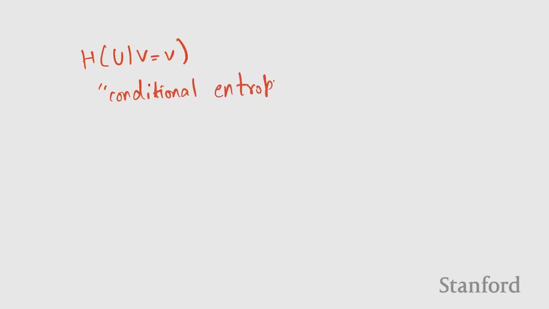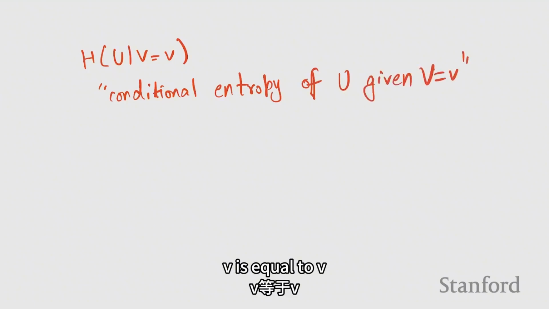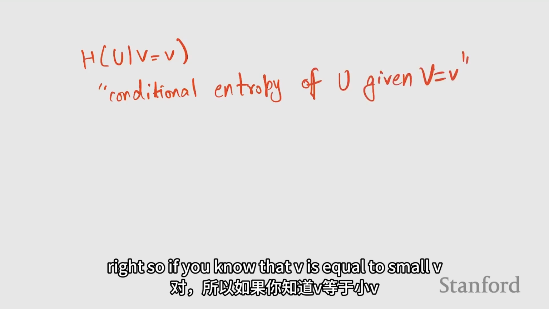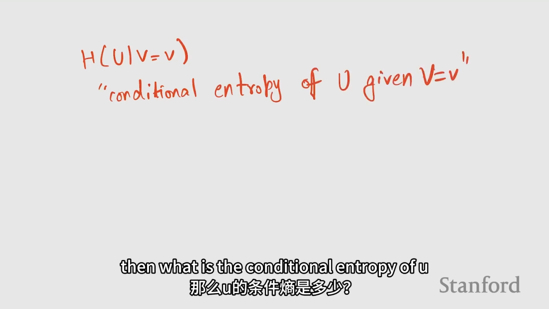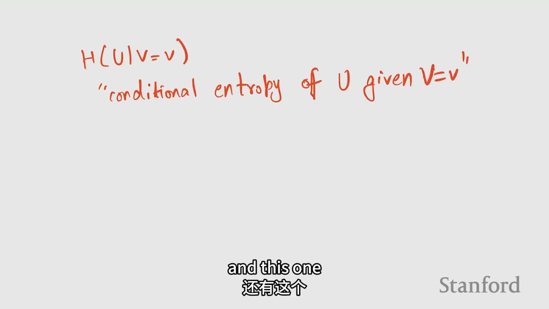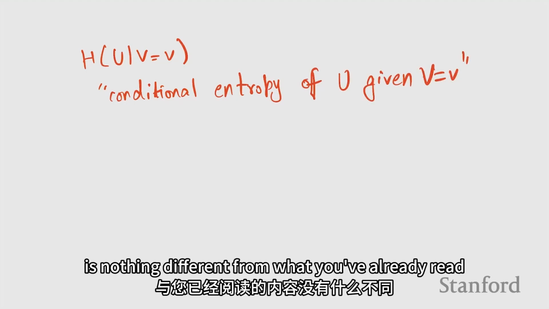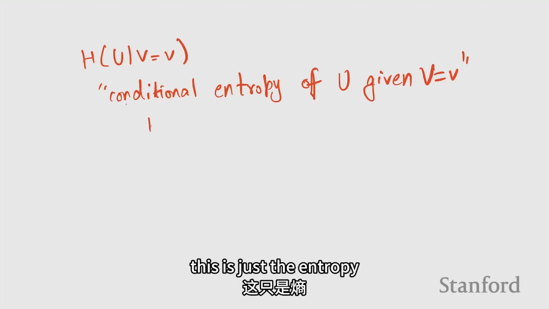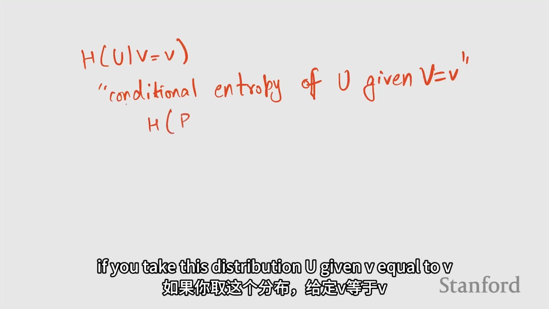One is this thing, which you can read as the conditional entropy of U given V equal to v. So if you know that V is equal to small v, then what is the conditional entropy of U? This is nothing different from what you have already seen. This is just the entropy of the distribution U given V equal to v.